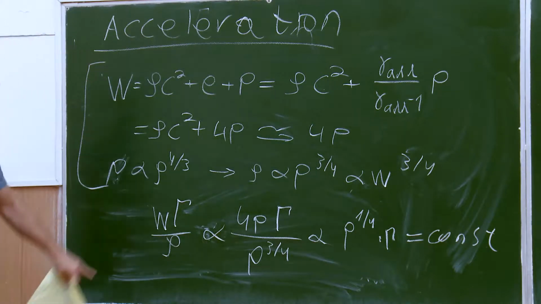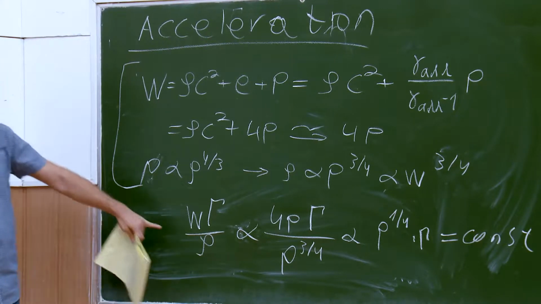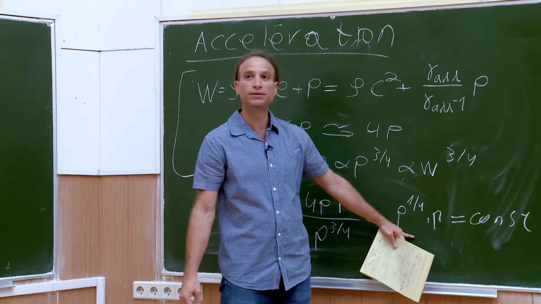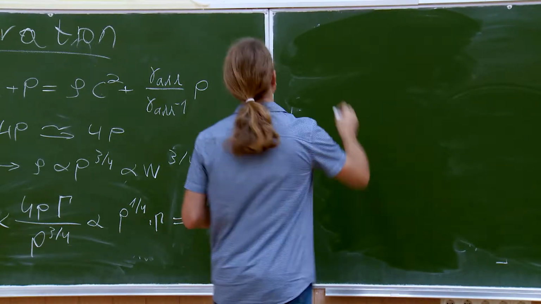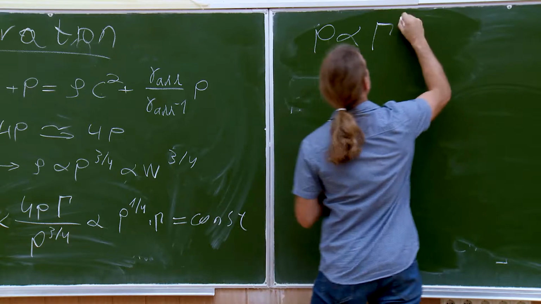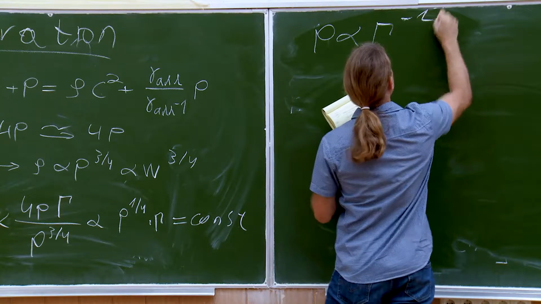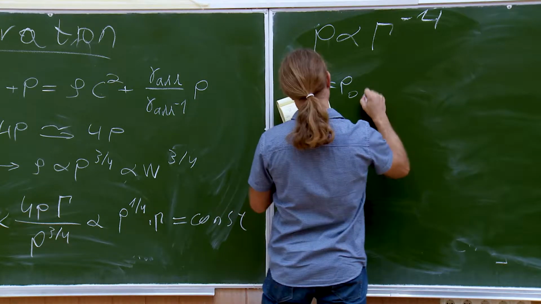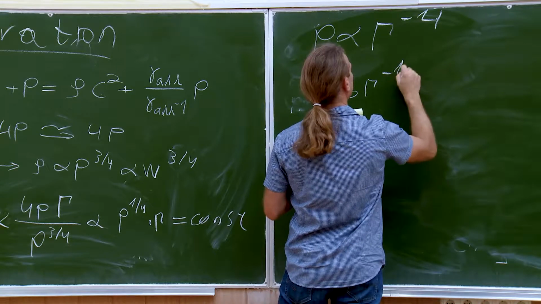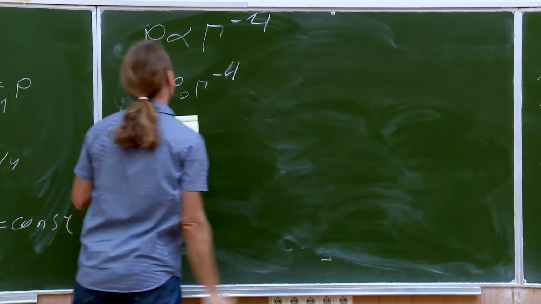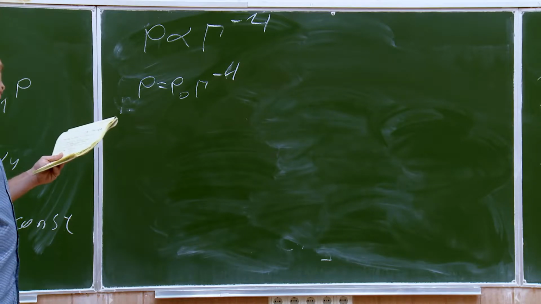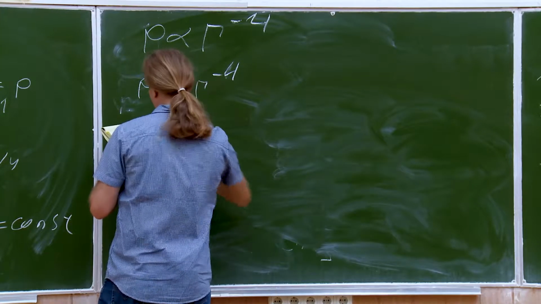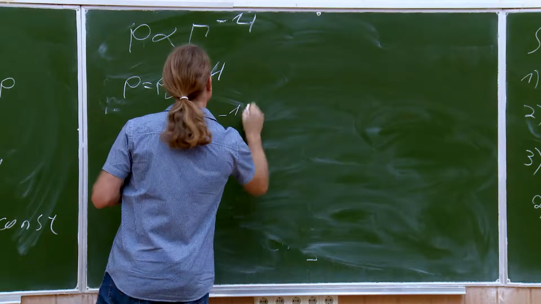So all I did is that I applied this assumption into the Bernoulli equation, and this is the relation that I got. So this means that P is proportional to gamma to the power of minus 4. Or I can write that P is equal to P0 gamma to the power of minus 4. And that gamma is equal to P divided by P0 to the power of minus 1/4.